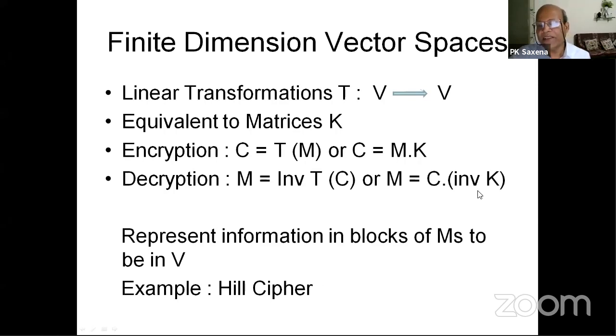And here, the choice of this K is to be made in such a fashion that the inverse of this K exists, because all transformations may not be invertible. So that restriction is there, and these matrices as a key are shared by the users beforehand.